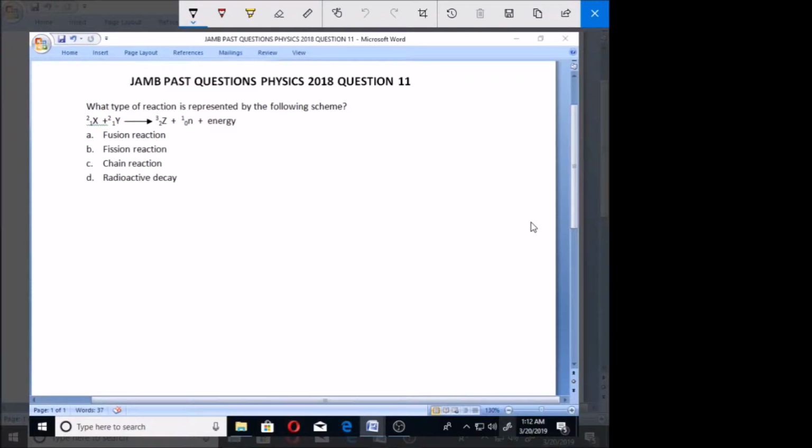Look at this question number 11 for JAMB Past Questions Physics 2018. What type of reaction is represented by the following scheme?